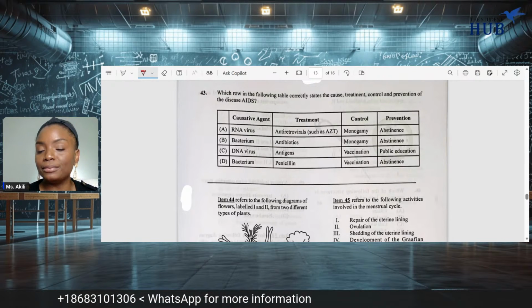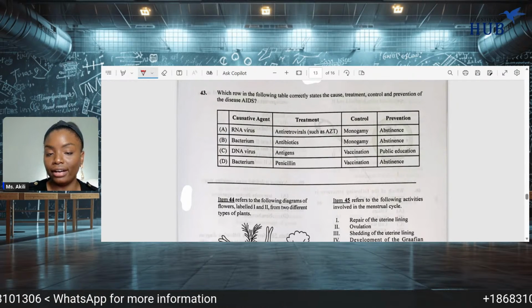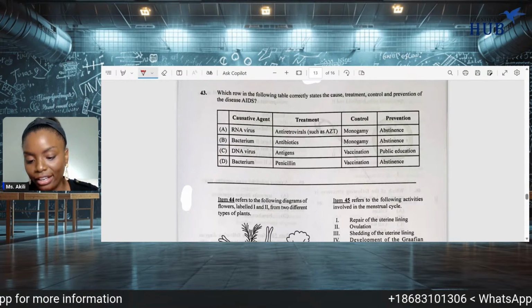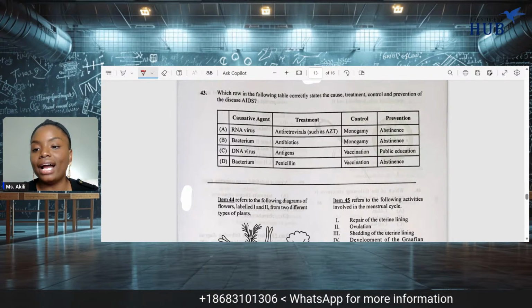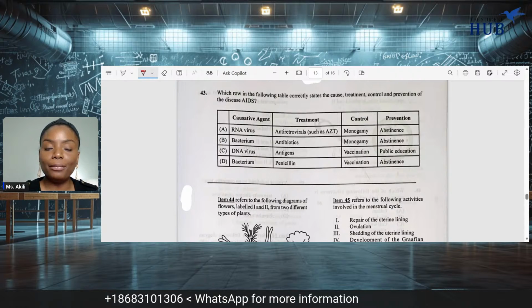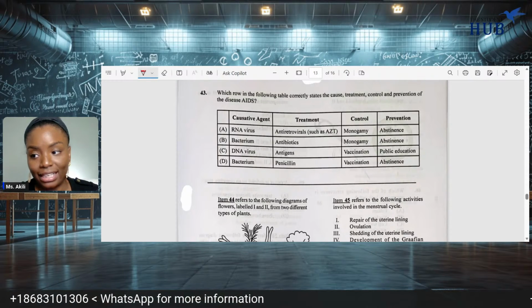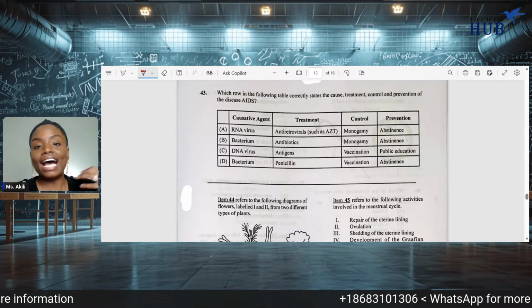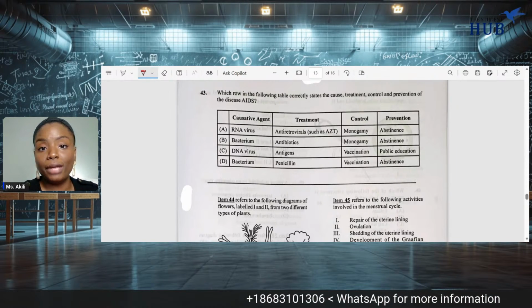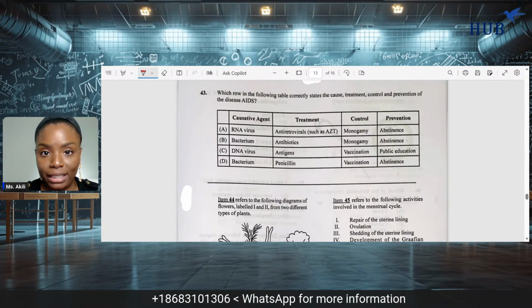So AIDS develops from an HIV infection, right? HIV is an RNA virus, and you can use antiretrovirals in order to treat an HIV infection, because viruses are not living, they're not cells, they're not living things. However, they are particles that can infect human cells and hijack human cell machinery to make more copies of themselves in a process called replication.